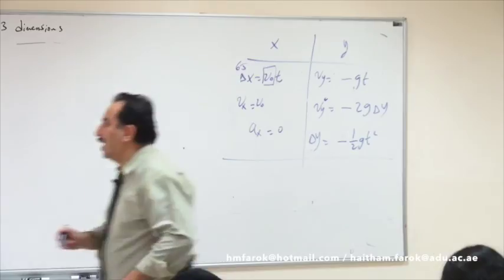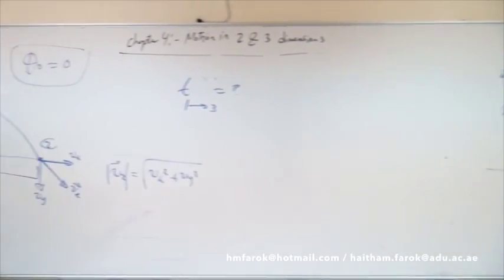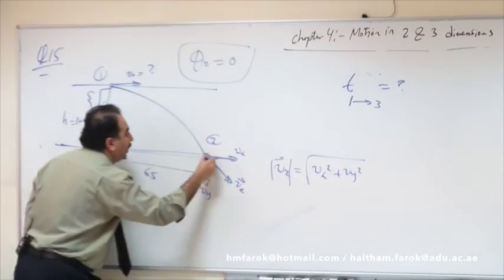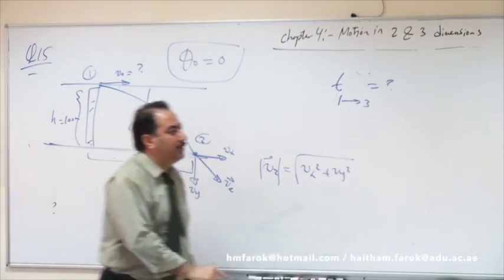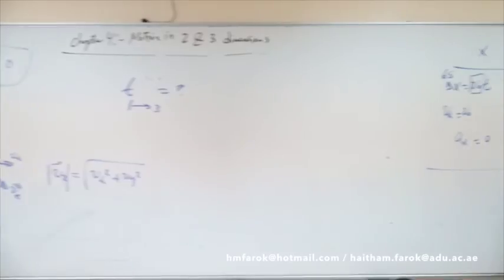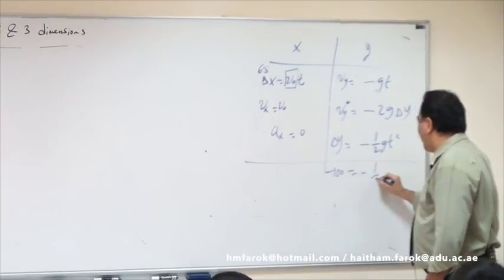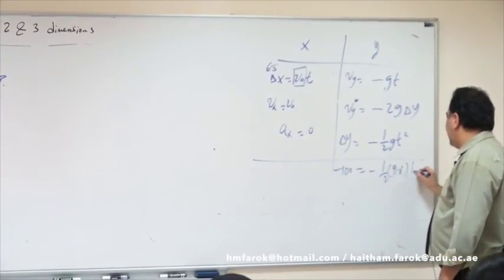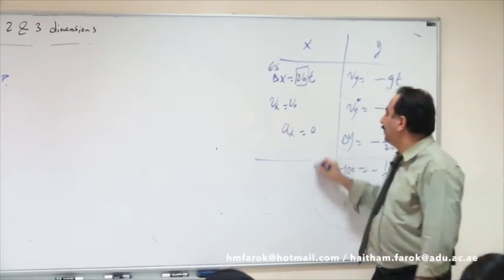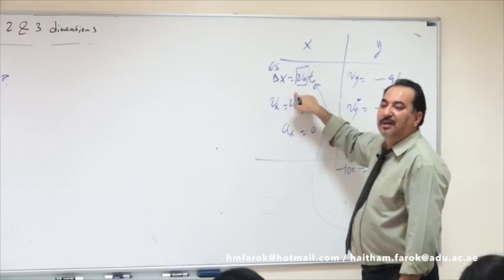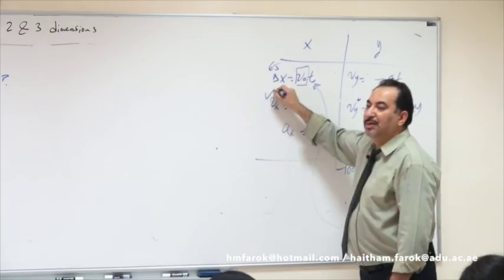Minus, because you start at this level, you finish at a level below. Delta y is negative. Minus 100. So put minus 100 here. Minus half 9.8 t squared from 1 to 2. When you find the time, you'll find? So now you know Vx or not?